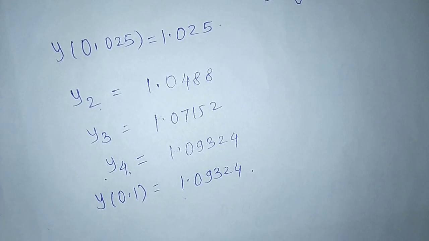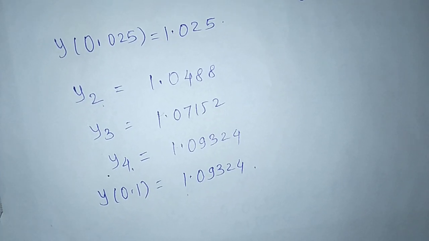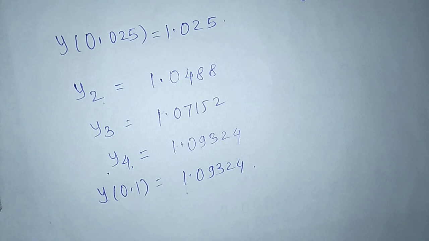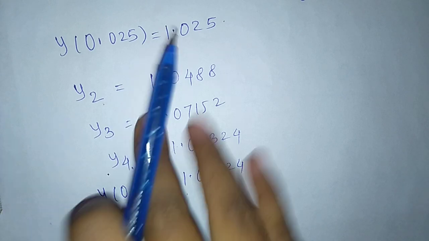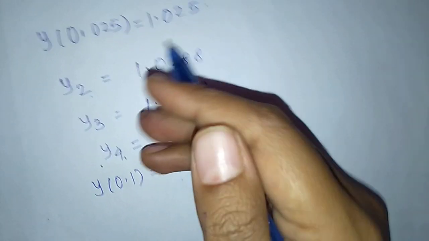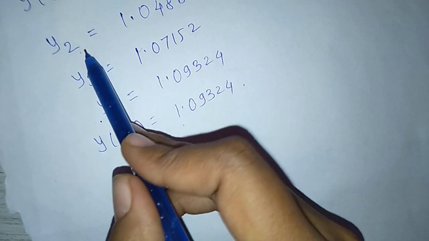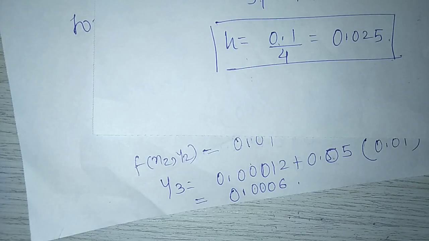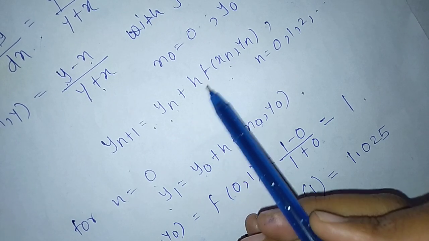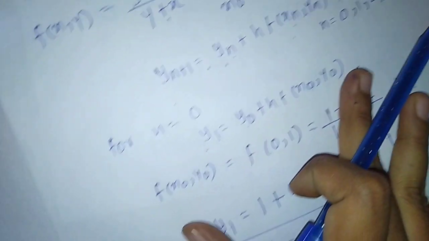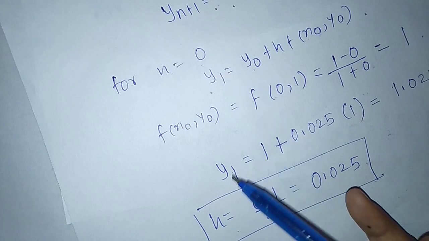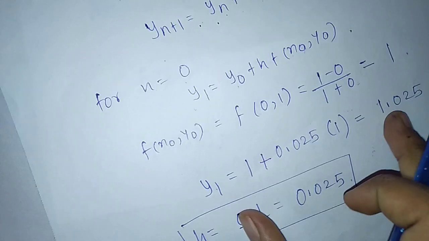y2, y3, y4 are obtained by putting the values in yn plus 1 equal to yn plus h into f of xn, yn. Here we get y1 equal to 1.025.